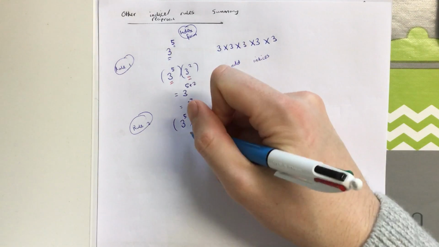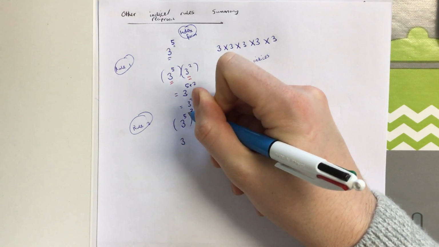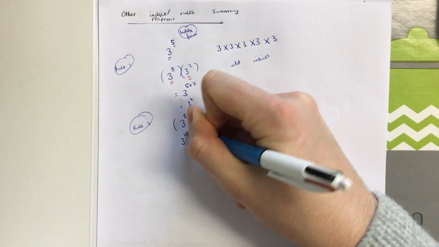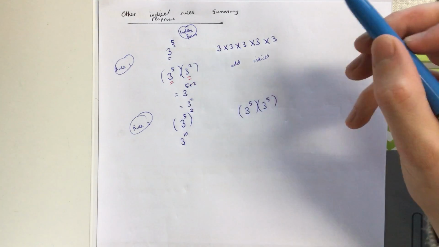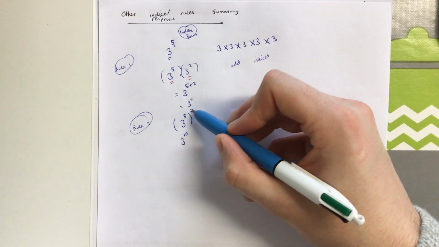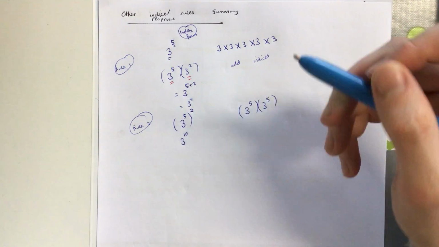Therefore, that gives you 3 to the power of 5 multiplied by 2, which is 10. In other words, when you have an indice, bracket indice, you multiply those two indices. So 5 by 2 gives you 10.